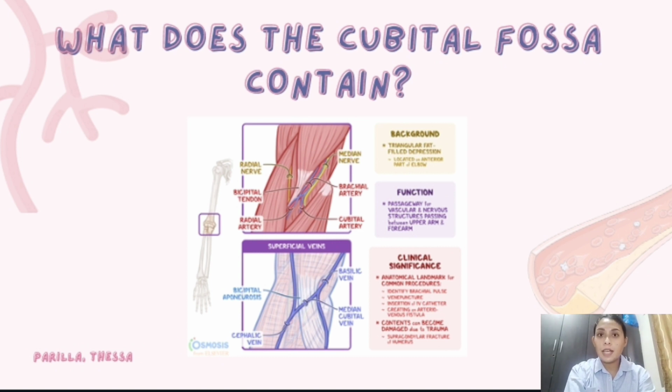Similar to the cephalic vein, we have the basilic vein, which ascends within the subcutaneous tissues on the medial side of the forearm, medial side. So here, yung cephalic lateral and median, dito yung basilic. And we also have the median cubital vein dito sa gitna, which connects the cephalic and the basilic vein across the cubital fossa.